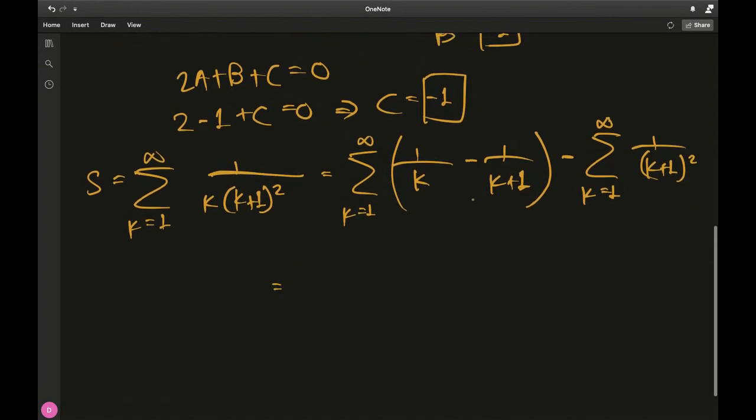Now I'm wanting to group both of these terms together because separately these two will diverge. They'll become harmonic series basically.